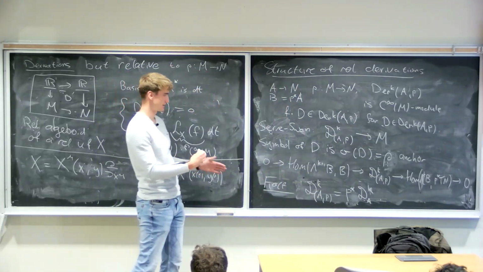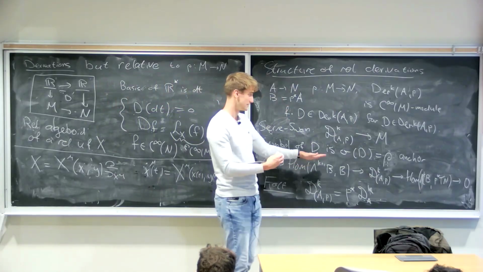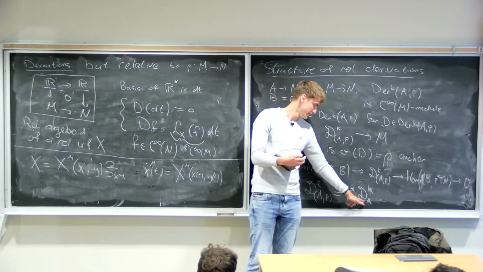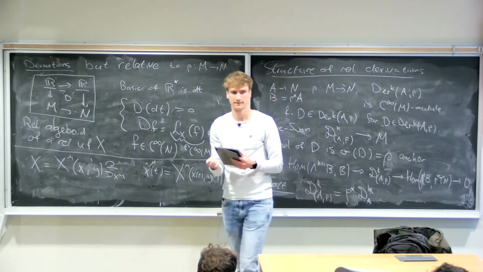And the symbol exact sequence is the pullback of the symbol sequence of the derivation bundle on A.